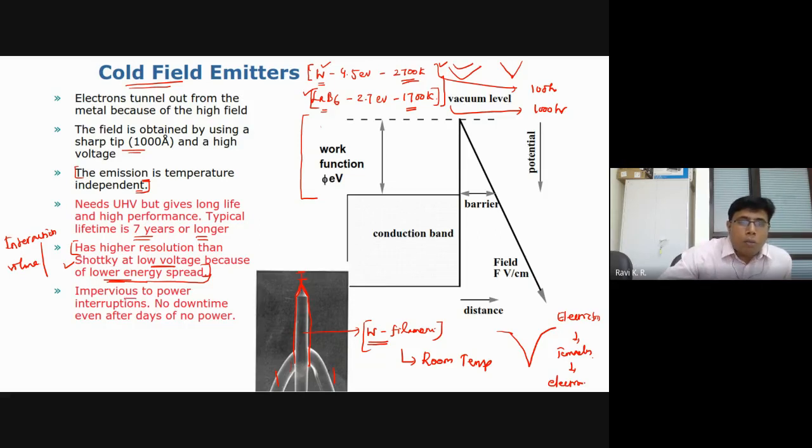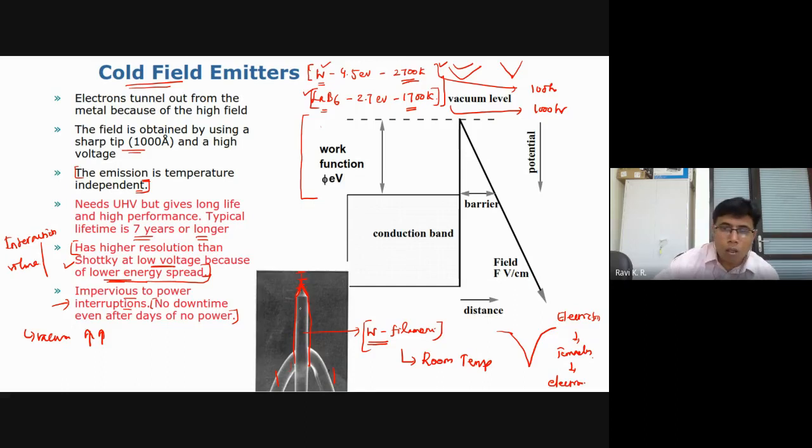So it is impervious to power interruption. Because you don't need power, but the problem is that only the filament is impervious to power interruption. If you look at the vacuum level, we need a very high vacuum level because you are pulling electrons from the material at a very low temperature. Even a small water molecule absorbed on those surfaces can give you a problem.